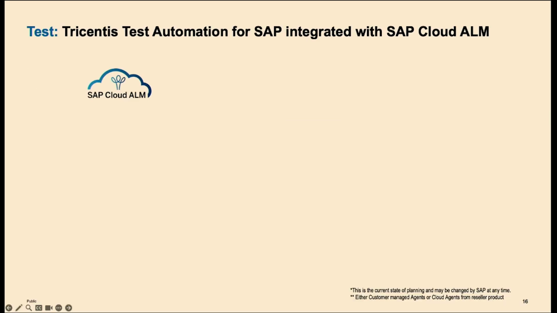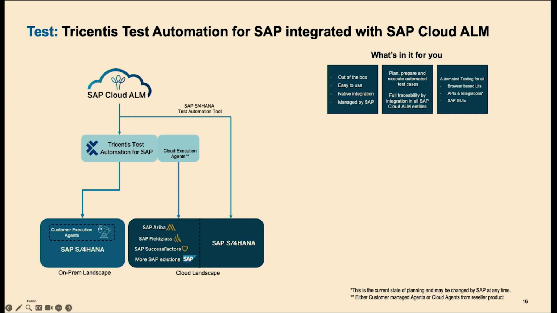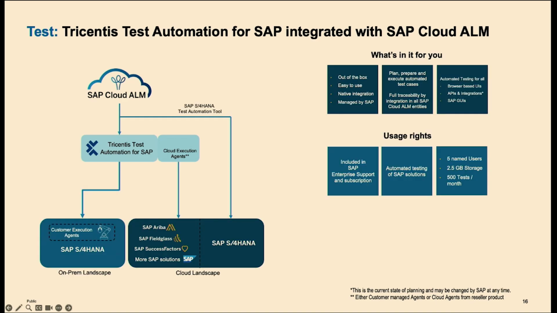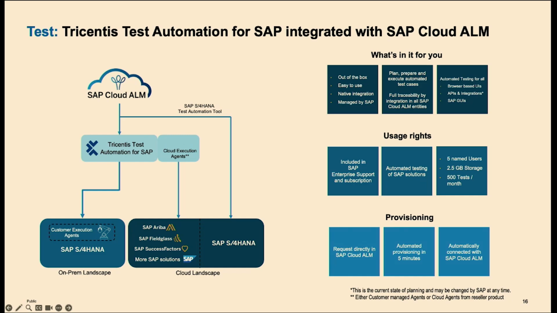Testing, the next part. Again, this could be achieved with SAP Cloud ALM, with the test management tool. We have integration with Tricentis test automation. This could also be integrated in the pipeline of your CI/CD environment. It means that you can develop automatic test cases from SAP Cloud ALM in Tricentis test automation.